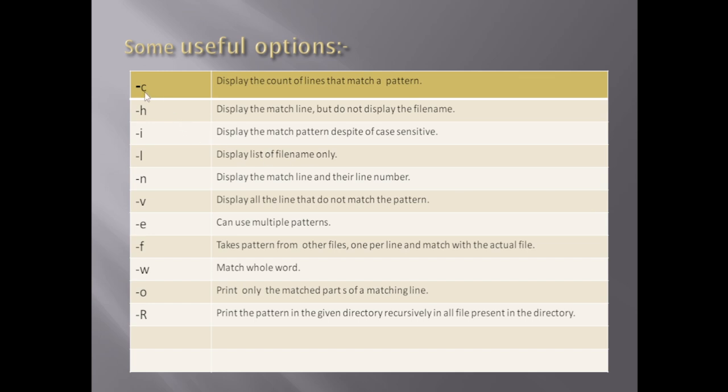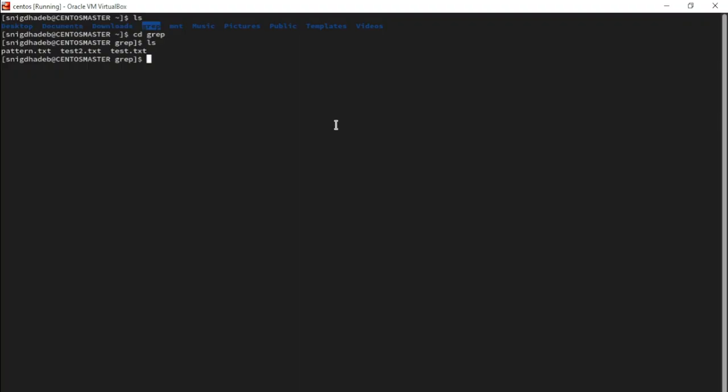Our first option is -c. -c displays the count of lines that match the pattern. So if I give the option -c in grep command, and my pattern is Unix, and I want to search this Unix word in the file test.txt, and if I press enter, it shows me the number 2.